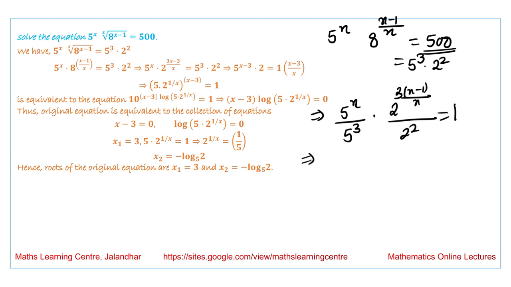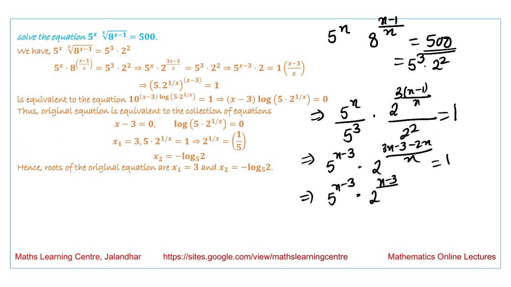So this implies that 5 raised to the power x minus 3 into 2 raised to the power 3x minus 3 minus 2x over x is equal to 1. So this implies 5 raised to the power x minus 3 into 2 raised to the power x minus 3 by x is equal to 1.